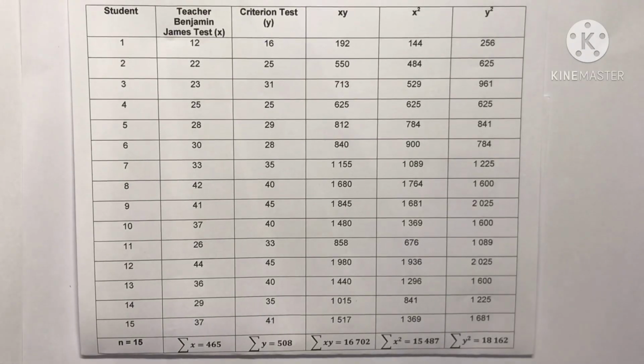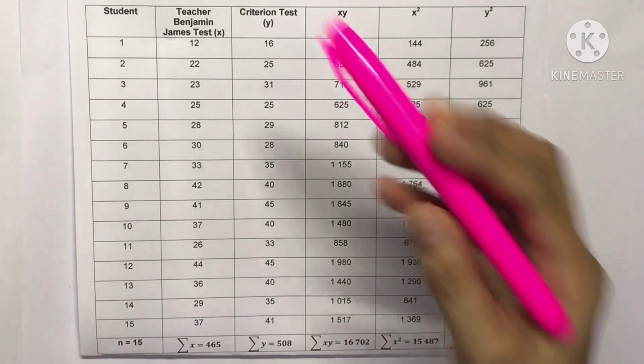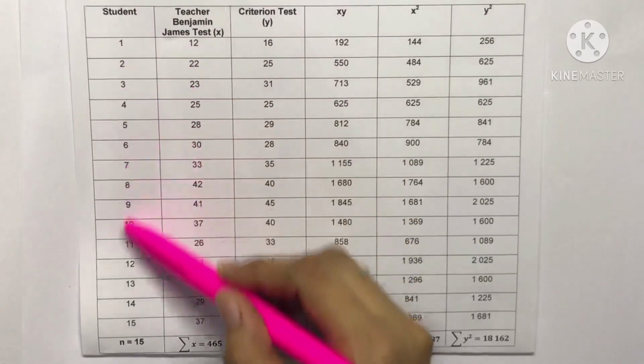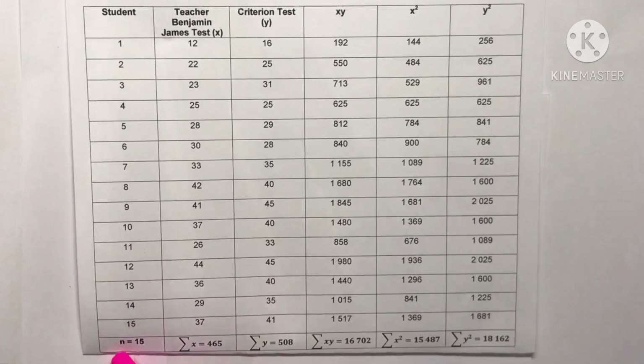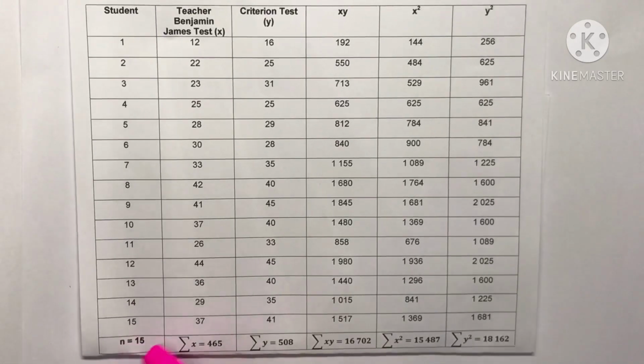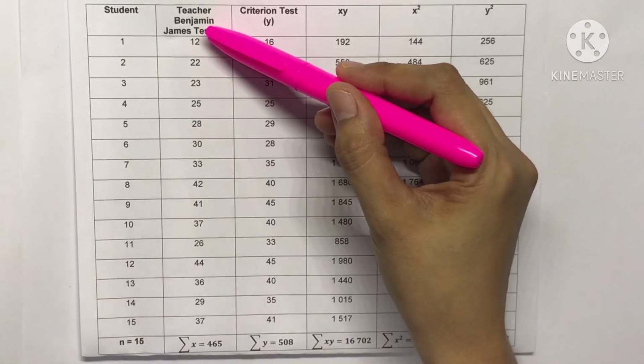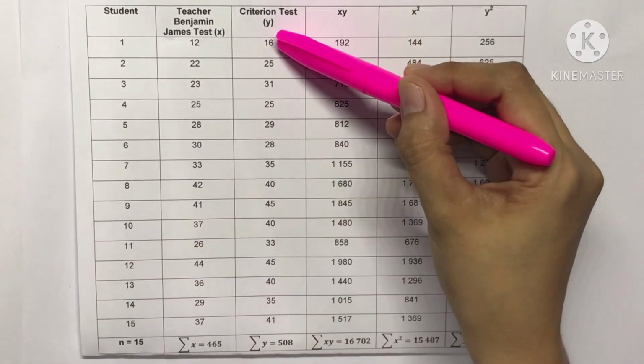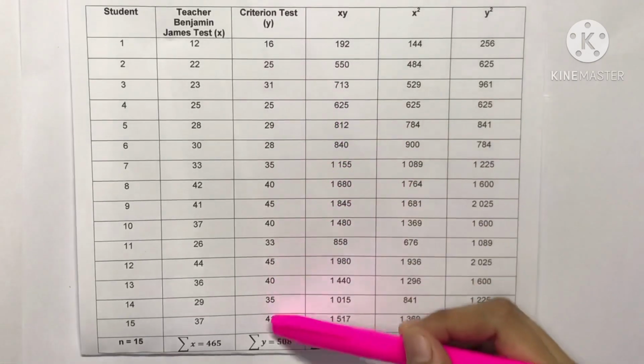Okay, so we have here the table. So we have here student. So we have 15 students, so our n is equal to 15. So here are the scores of 15 students for the first test, and then this one, the scores of students for the second test.